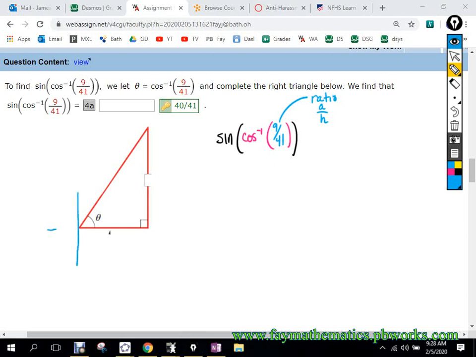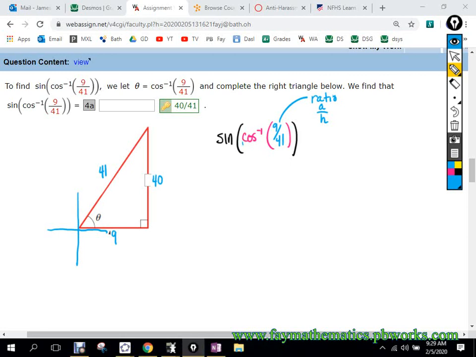We're going to make the assumption of first, especially with the picture they give me. The adjacent side would be 9, and the hypotenuse would be 41, right? If I use the Pythagorean theorem, this becomes 40. That's a Pythagorean triple, probably one that we're not accustomed to, but it is one.